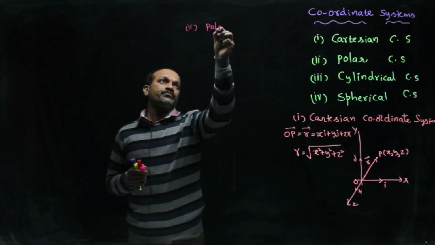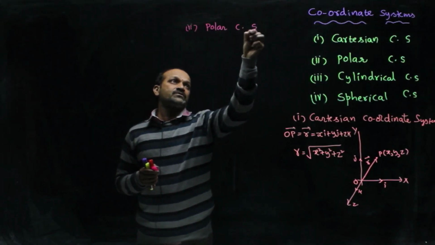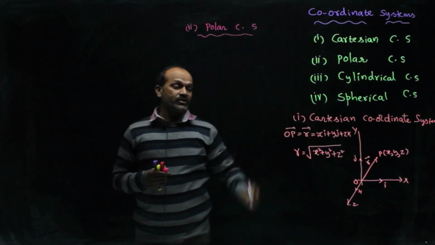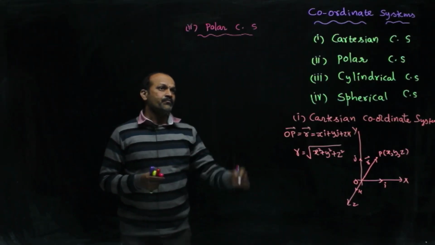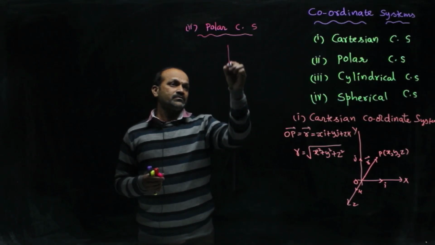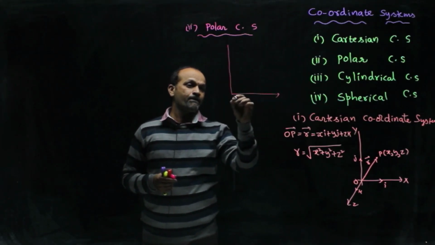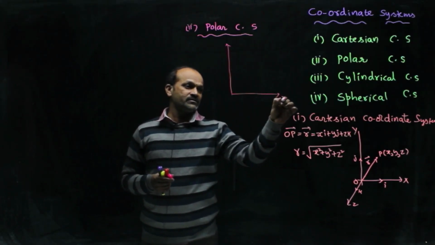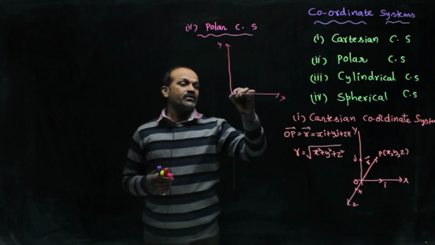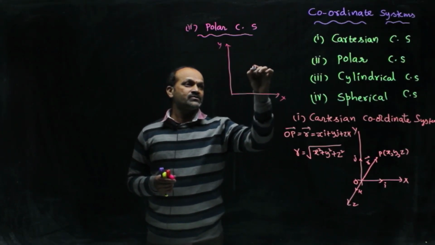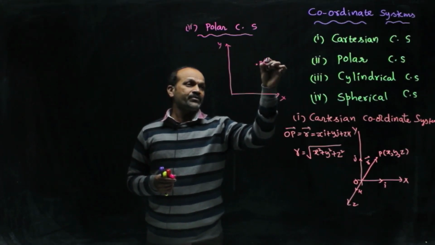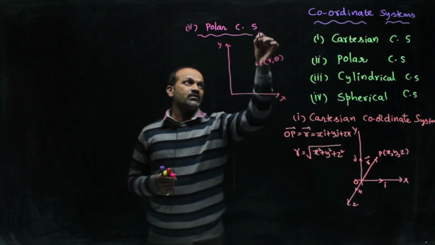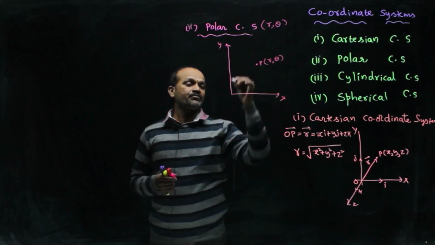In the polar coordinate system, we'll draw the figure. I take only two axes here just for convenience. Any particular point P is somewhere here. R comma theta are the polar coordinates.